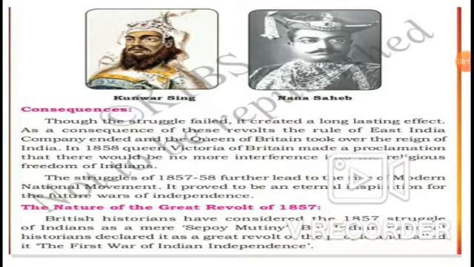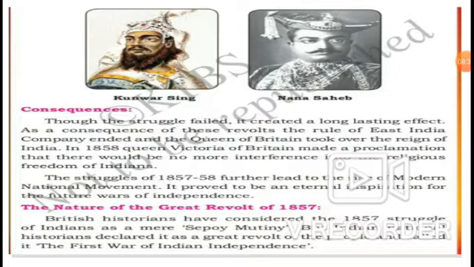Consequences: though the struggle failed to create a long-lasting effect, as a consequence of these revolts the rule of the East India Company ended and the Queen of Britain took over the reign of India.